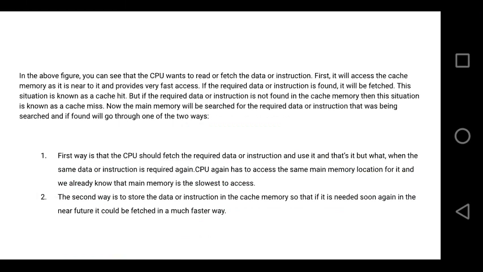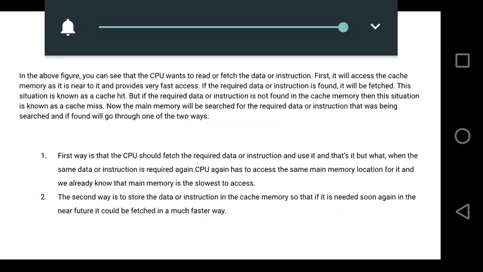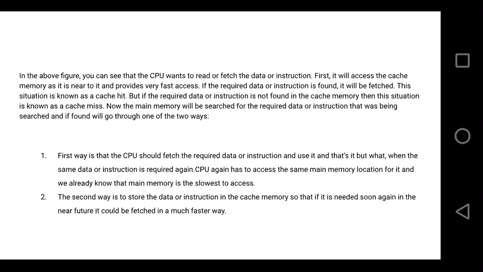If the required data or instruction is found, it will be fetched. This situation is known as cache hit. But if the required data or instruction is not found in the cache memory, then this situation is known as a cache miss.